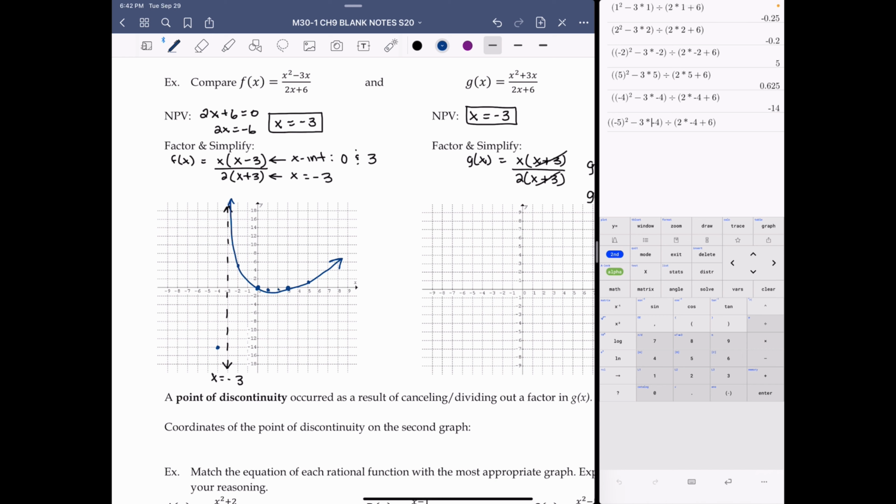Negative 5 squared minus 3 times negative 5 divided by 2 times negative 5 plus 6 gives us negative 10. X is negative 5, y is negative 10. Let's try negative 6. Negative 6 squared minus 3 times negative 6 divided by 2 times negative 6 plus 6 gives us negative 9. Let's try negative 7.